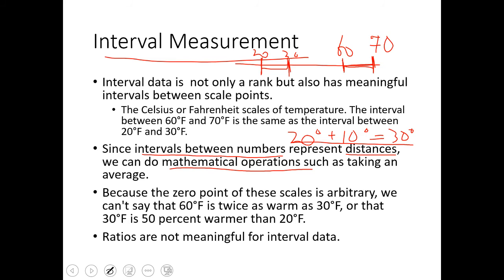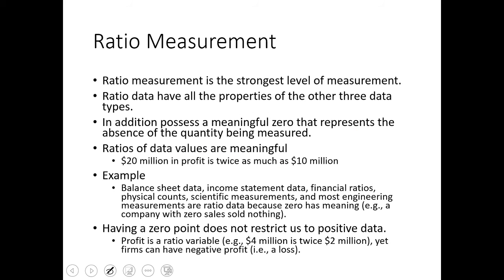So this kind of operation is meaningful in interval measurement. Okay, and the final measurement is ratio measurement. Ratio measurement is the strongest level of measurement. Ratio data is the same as interval data, but it has a meaningful zero.